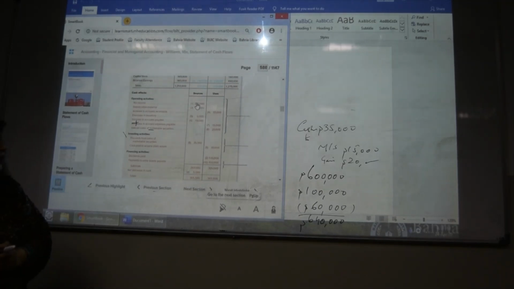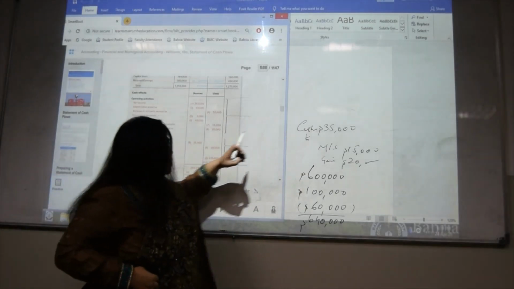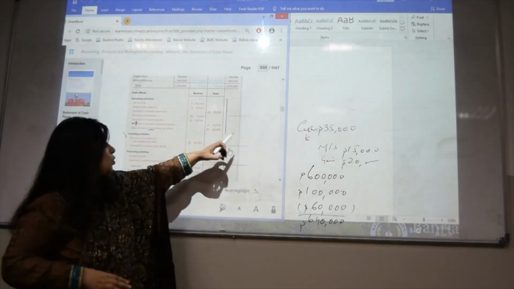So the net income has the gain included in it, so we have to naturally subtract this gain back from it, because we have already recorded the proceeds as 35,000. This 35,000 is already recorded here.